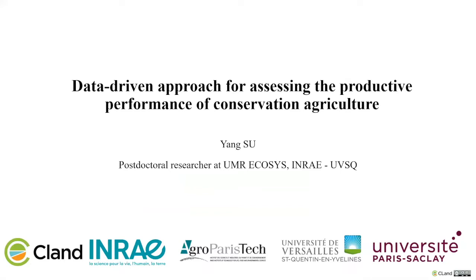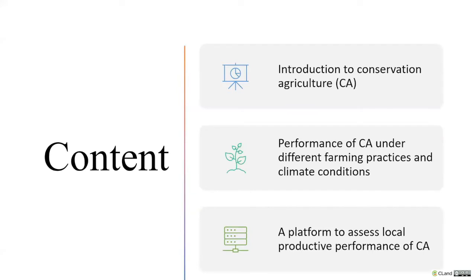Today I will present to you my PhD work, and the title is the data-driven approach for assessing the productive performance of conservation agriculture. First, I will give you a brief introduction of conservation agriculture, or CA.